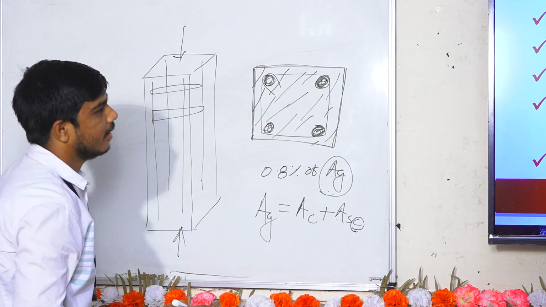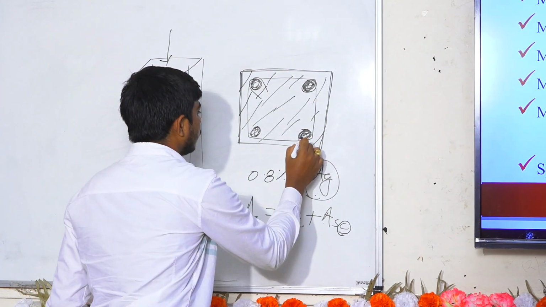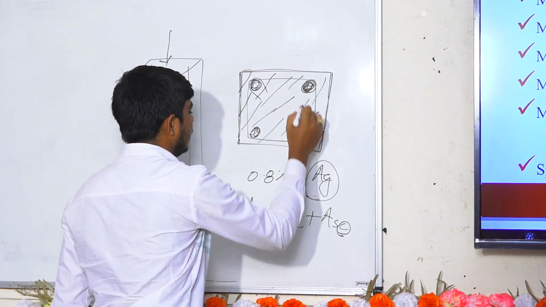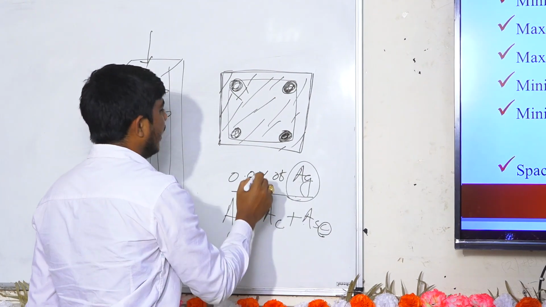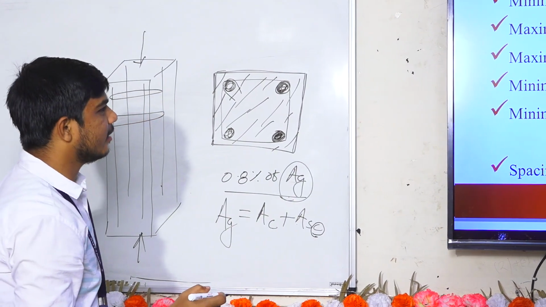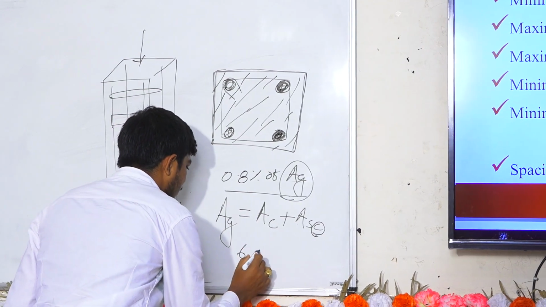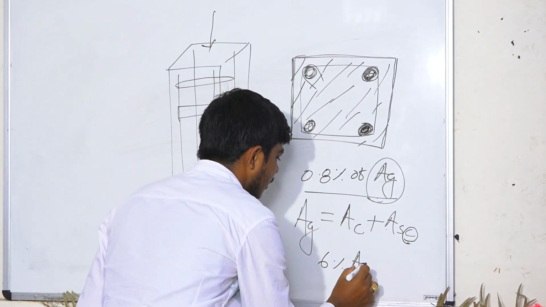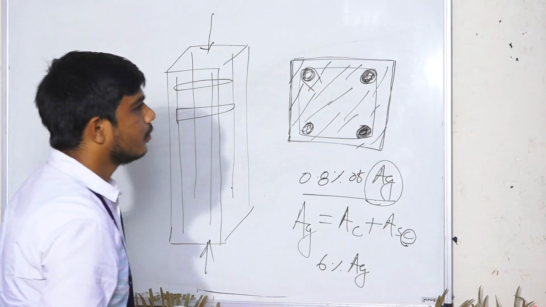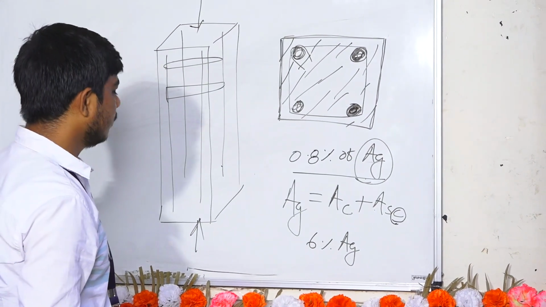So for gross area, we will take minimum steel area as 0.8% of Ag, and how much maximum can we take? We can take maximum 6% of Ag. That is, we won't take more than 6%.